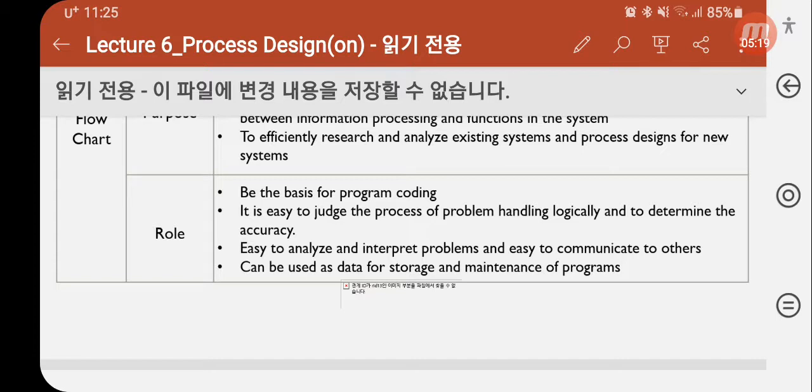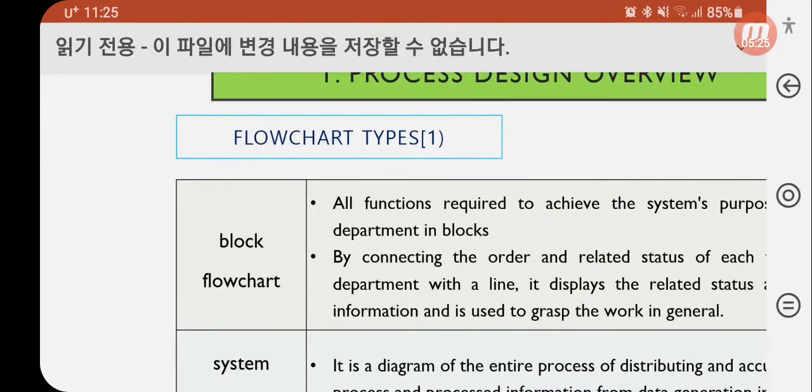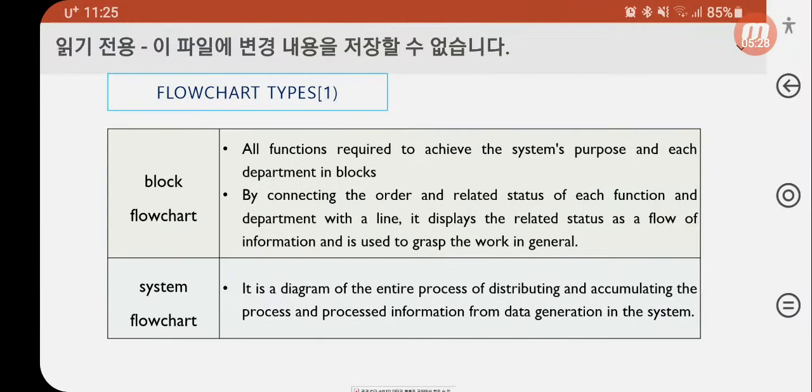Flowcharts have some kinds of types. Block flowchart shows all functions required to achieve the system's purpose and each department in blocks.